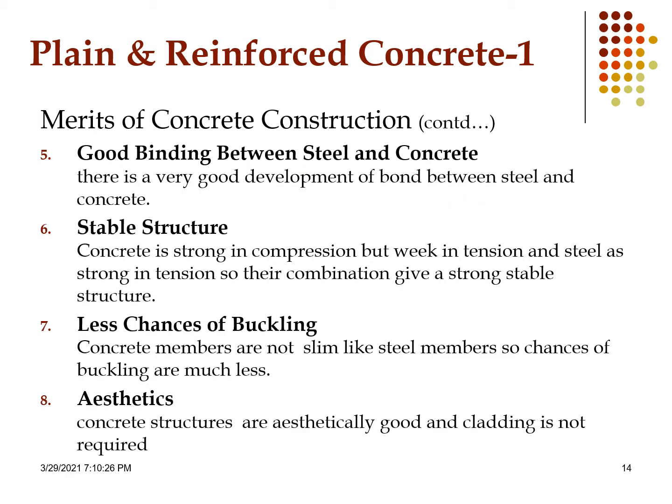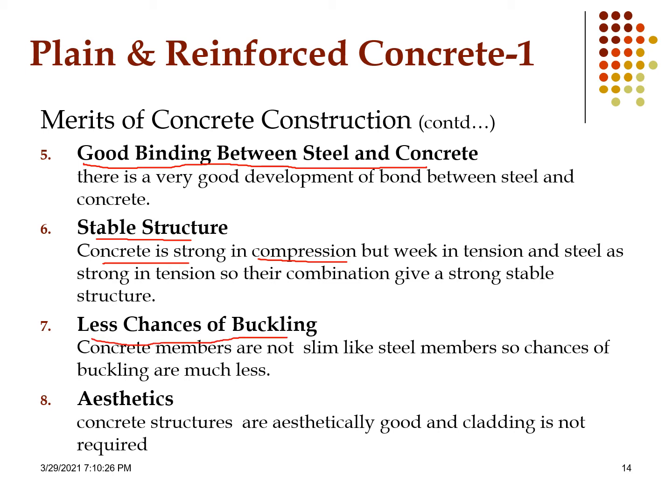Another merit of concrete structure is a good bonding between steel and concrete. Then we have a stable structure, as we know that concrete is strong in compression and steel is strong in tension. So combined together they give a very stable structure. Then if we compare with the steel structure, concrete structure has less chances of buckling.